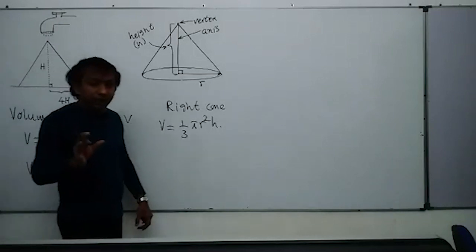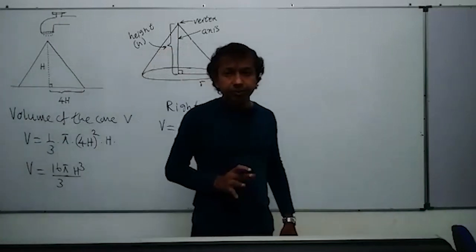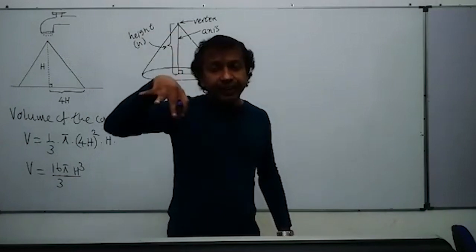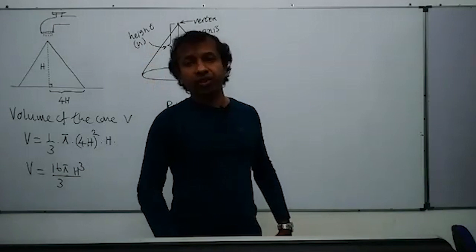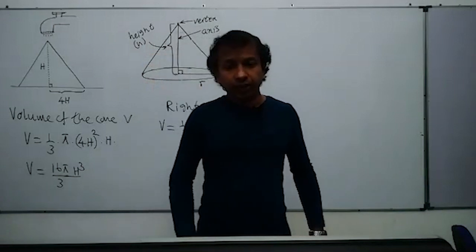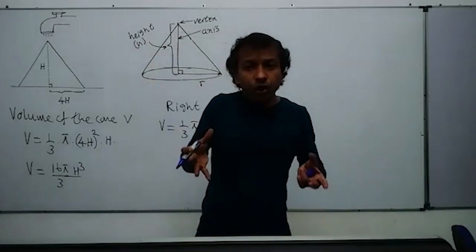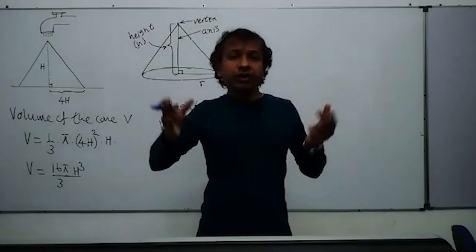People, now in this case you can very clearly see the pipe pours sand at a volume of 8 cubic centimeters every second. Due to that, what happens? The volume of the sand cone increases.